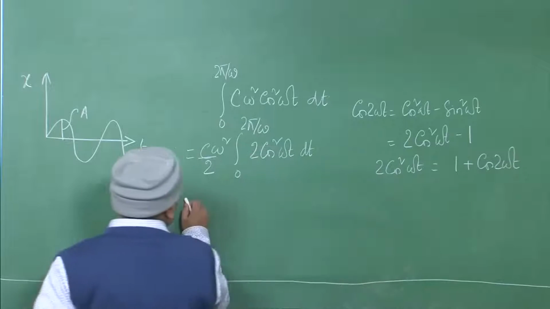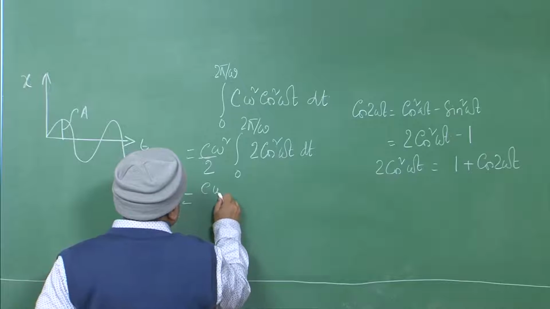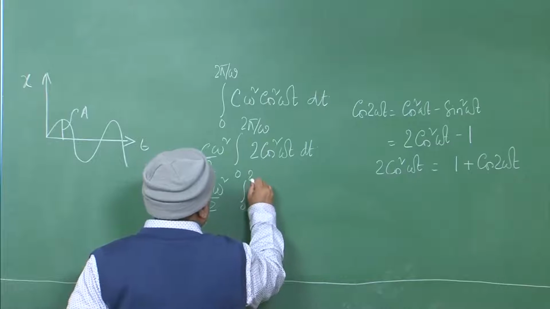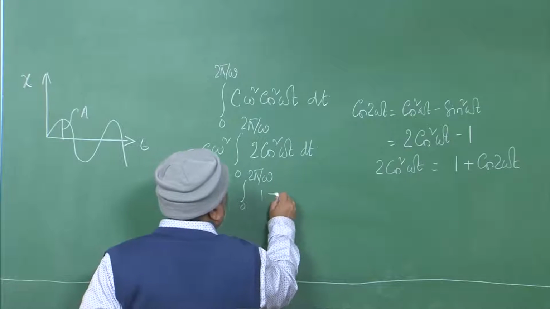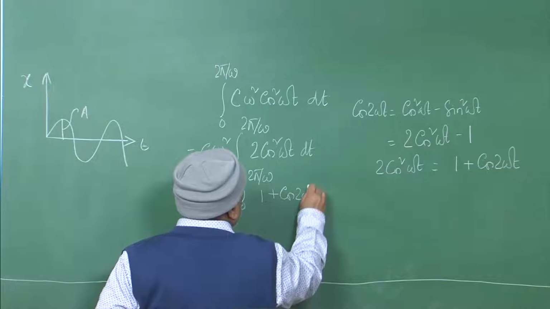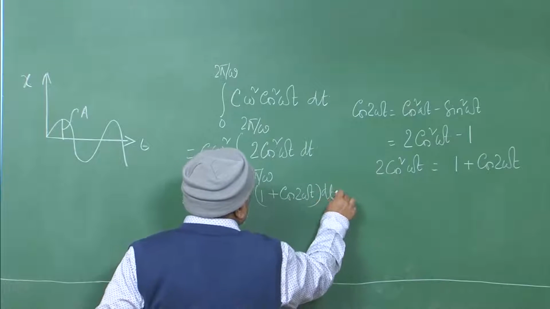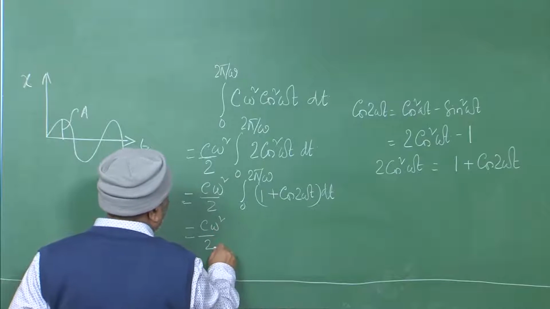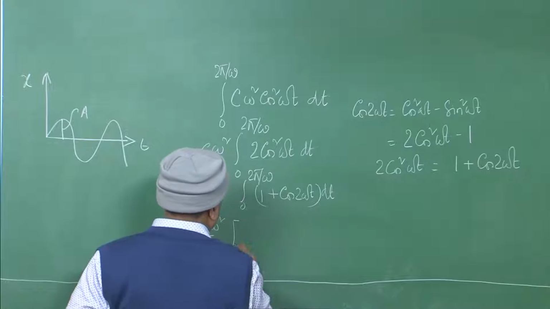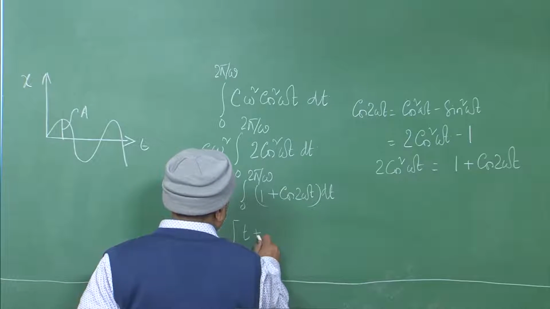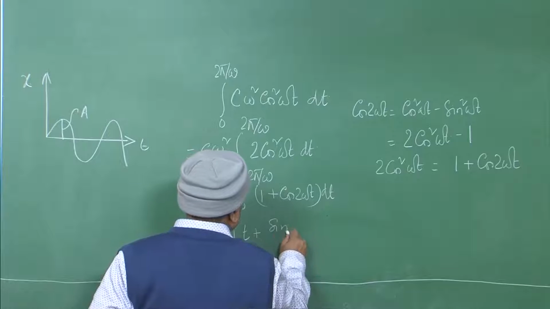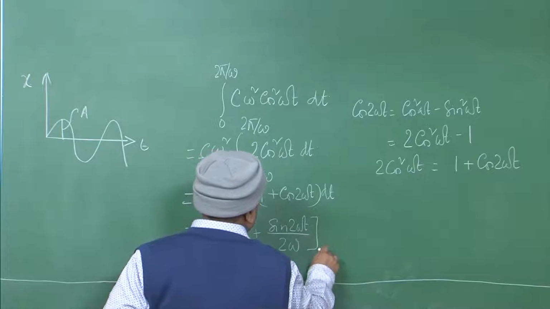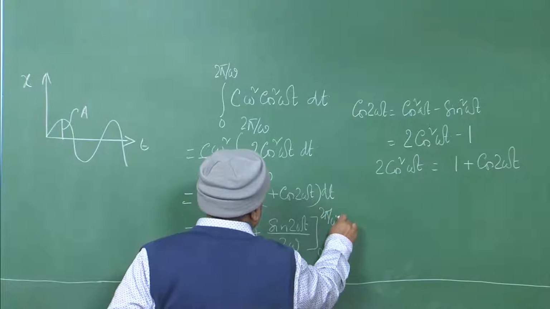So, we can write this here as C a square omega square by 2 times the integral from 0 to 2 pi by omega of 1 plus cos 2 omega t dt, which means this will be C a square omega square by 2 times t plus sin 2 omega t divided by 2 omega, from 0 to 2 pi by omega.